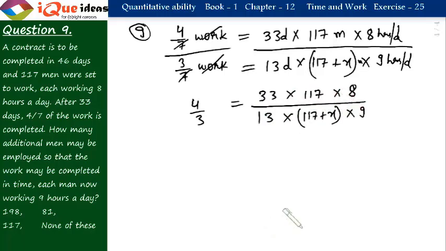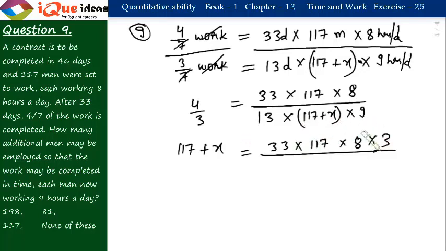Let's see what all we can do. So first 117 plus x bring to the other side. You will get 33 into 117 into 8 divide into 3. We are doing cross multiplication. We will get 13 into 9 into 4. Let's see what we can cancel.